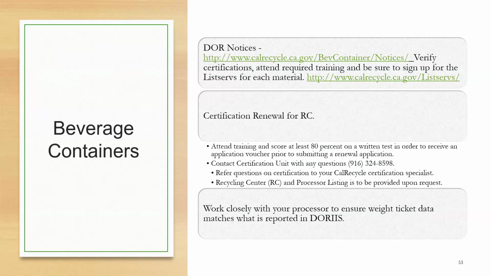So the DOR, Department of Recycling, is your guide for all things for beverage container recycling. On the left of this web page that you see here is key resources. It's linked to the laws and regulations and gives you the guidelines on running your program.